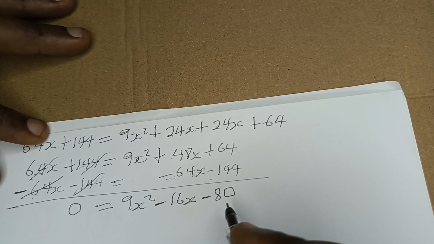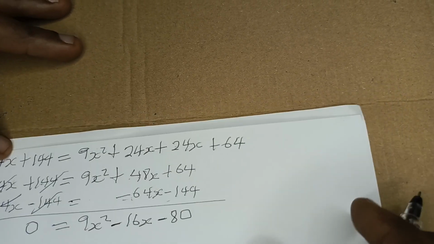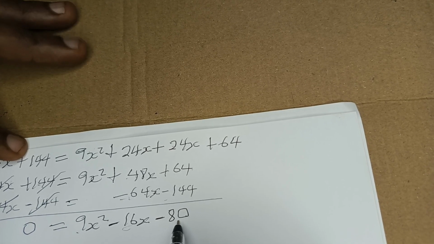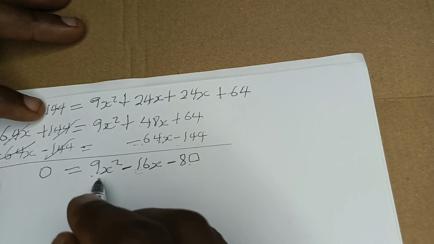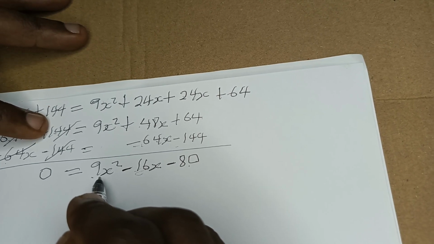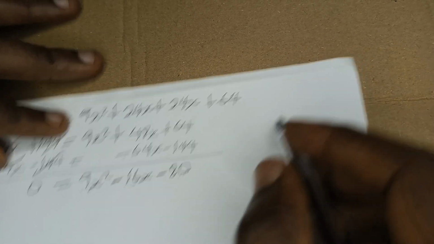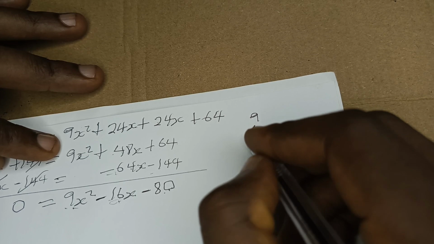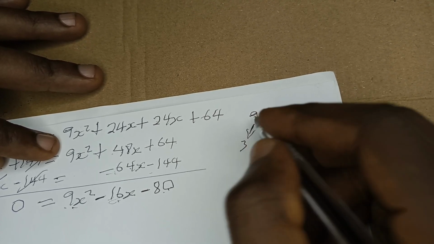It is from there that we now have to find our product. This to this is our product, and this is our sum. That is, we multiply this by this to give us our product, and this is our sum. So let's come here. 9 can be separated into 3 and another 3. 3 times 3 gives us 9.